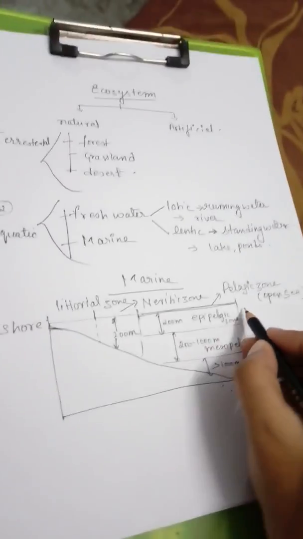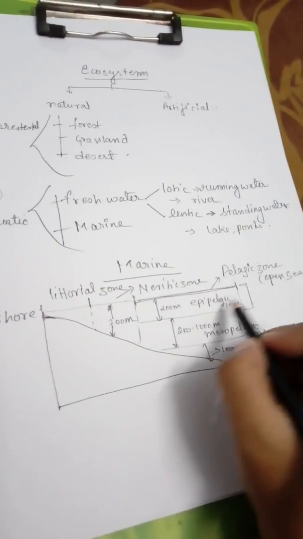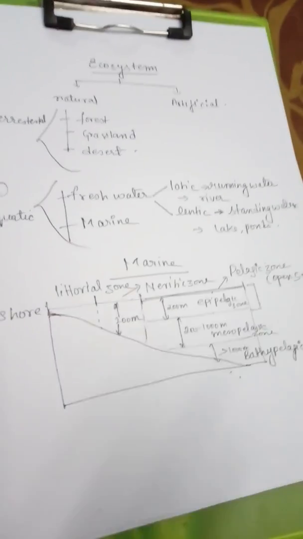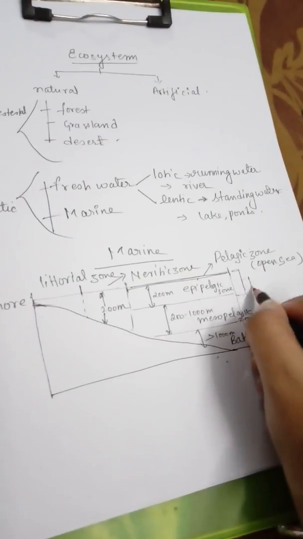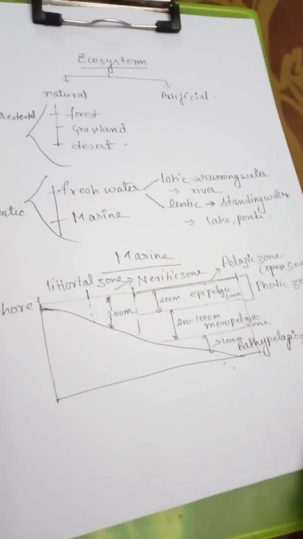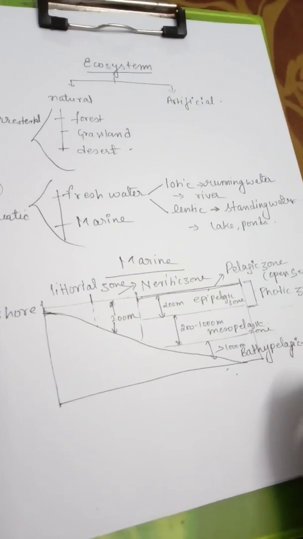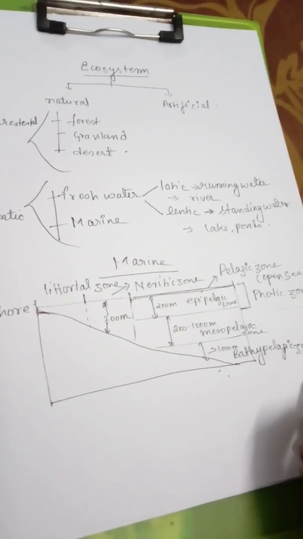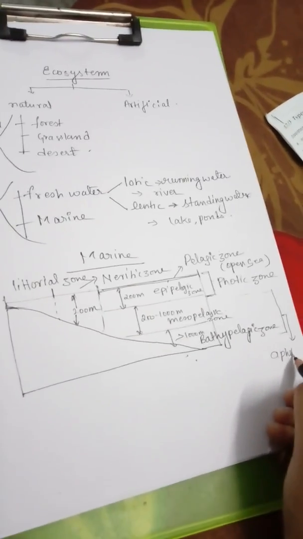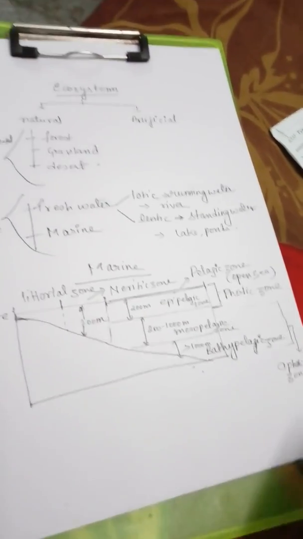Further divisions are also there on the basis of light distribution. Till 200 meters deep, the light is able to reach. This area is known as the photic zone. And after that, this area is known as the aphotic zone.